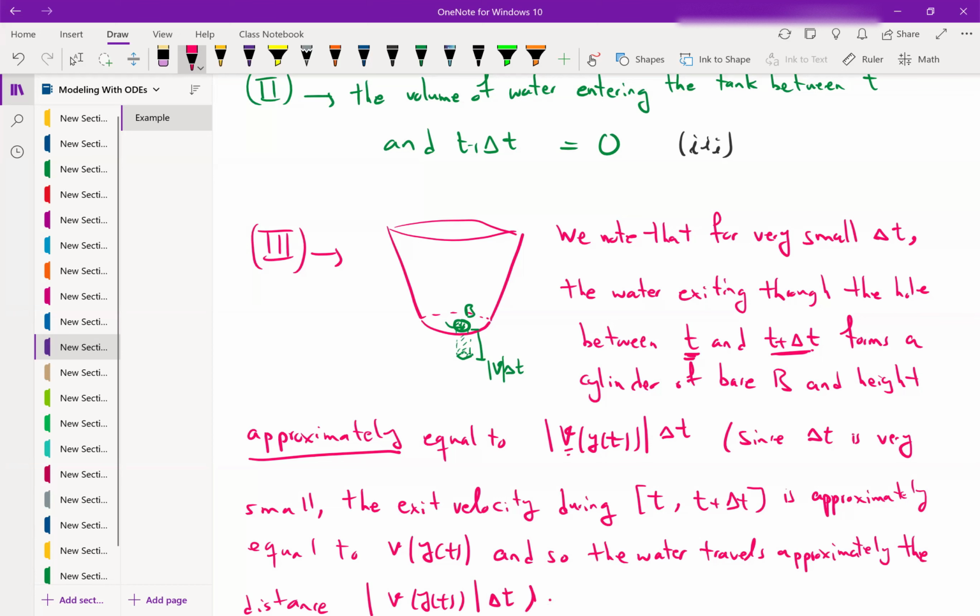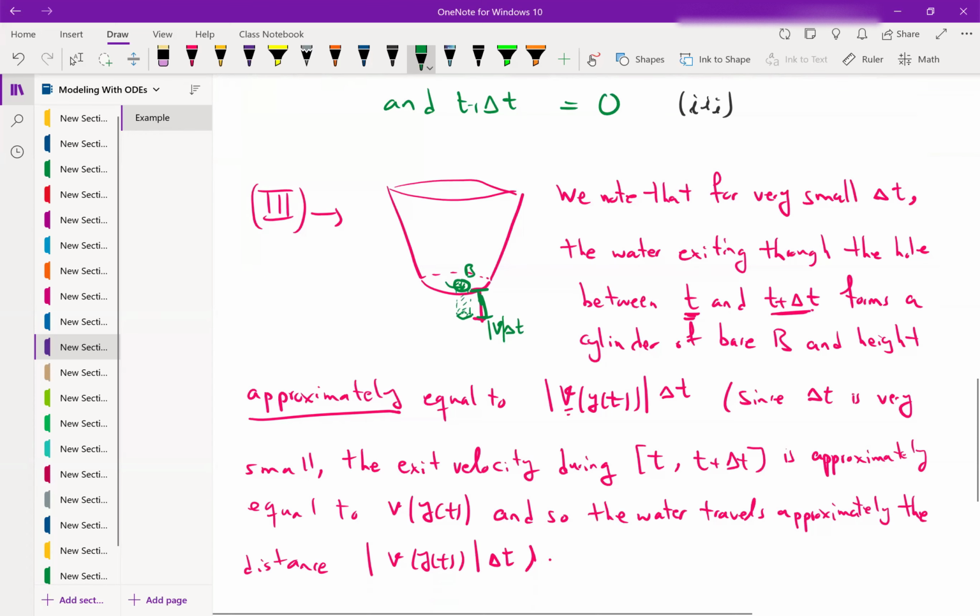Okay, so this is the distance traveled by the water, which is absolute value of V times delta t, V evaluated at y of t, V at the time t.